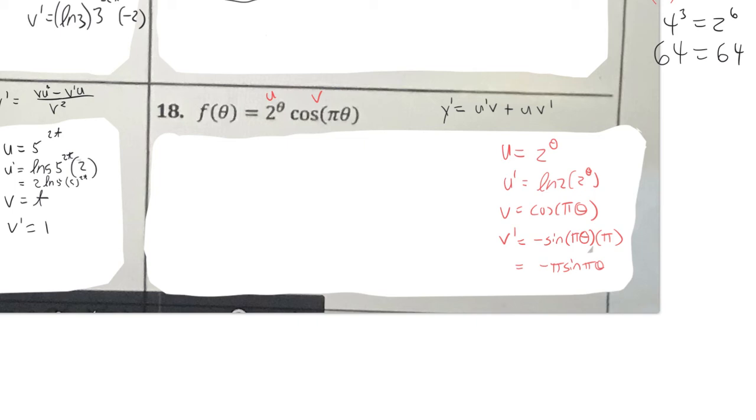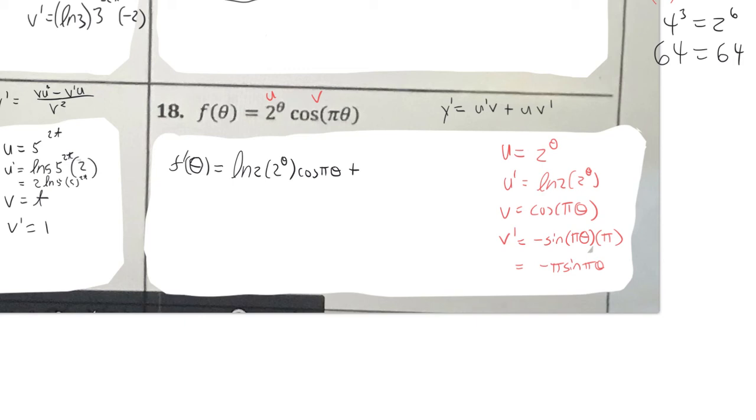And in this case, we would be dealing with f prime of theta is equal to u prime, which is ln of 2 times 2 to the theta, times v, and v is cosine pi theta, plus u times v prime.